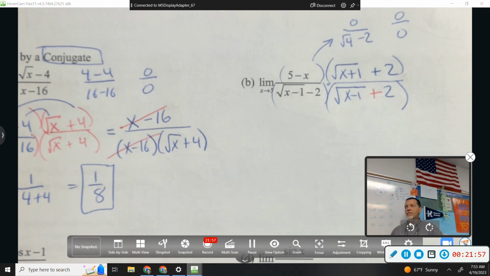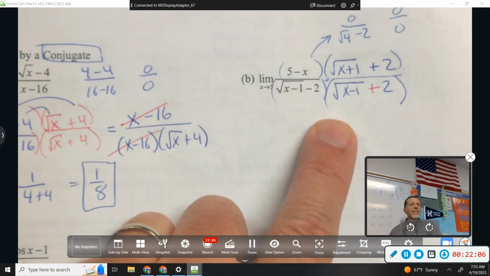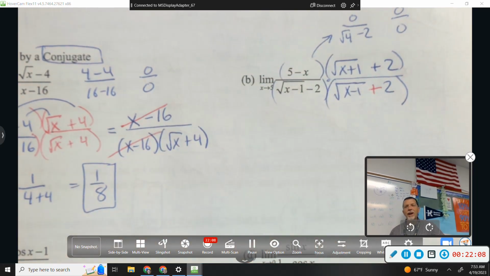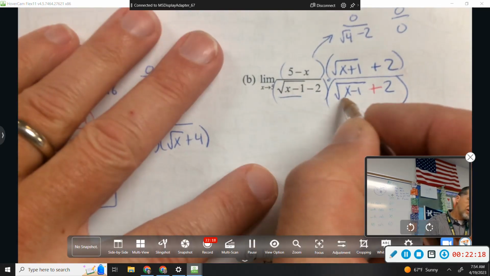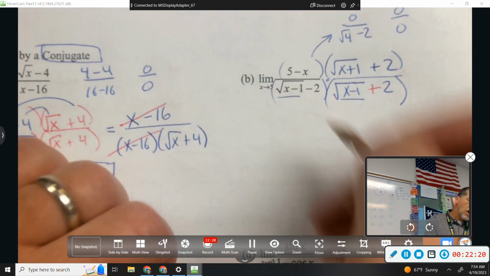So let's leave the top alone. We multiply by a conjugate to fix the square root stuff. So let's fix that first and see if something happens so that we don't have to actually multiply the top, like the same thing happened in number 1. Why is the x plus 1 and x minus 1 different? Oh, good catch.